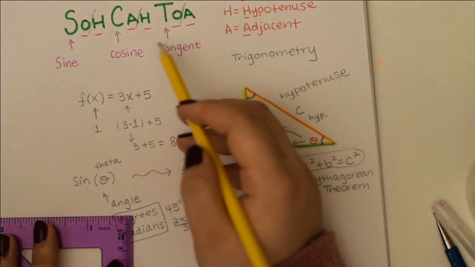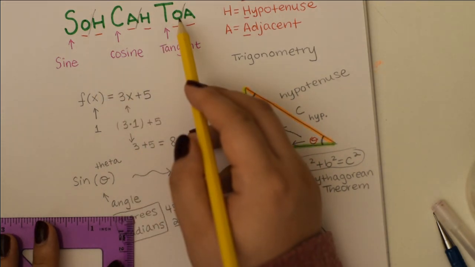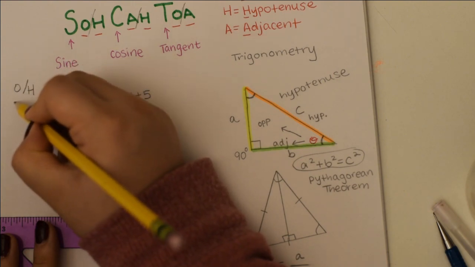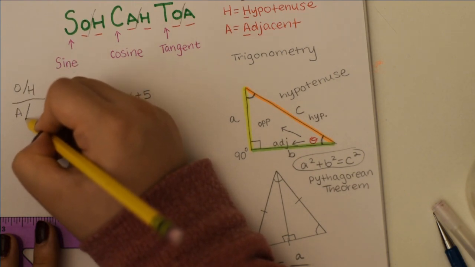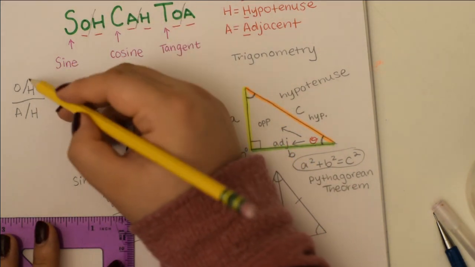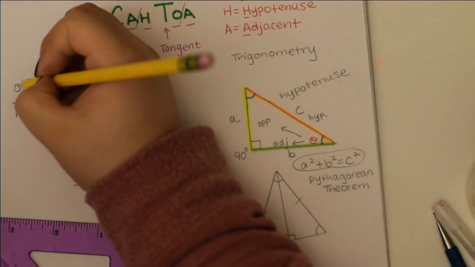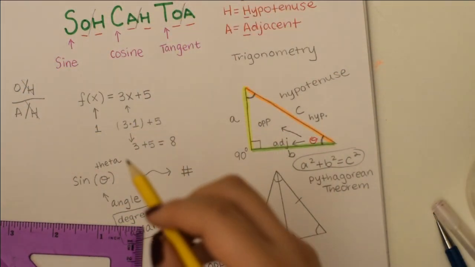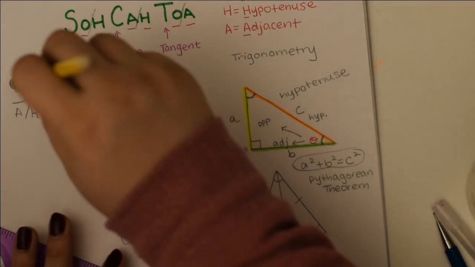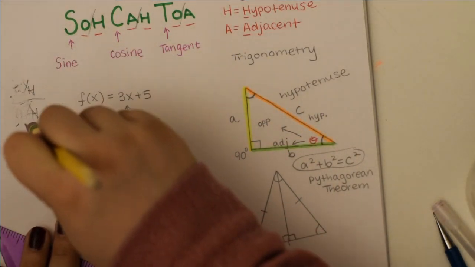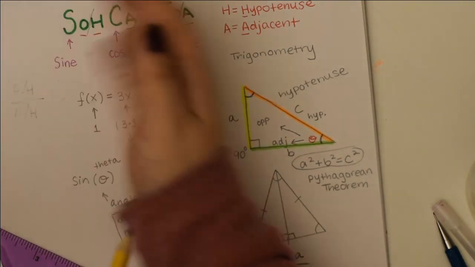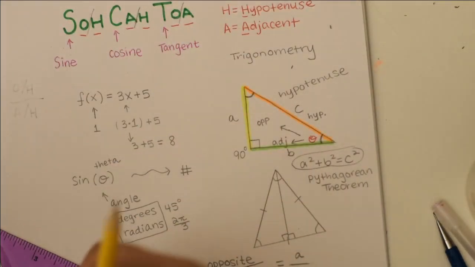So technically, this is redundant, because if we know something is opposite over hypotenuse divided by adjacent over hypotenuse, if we just multiply the top and the bottom by the hypotenuse, we get opposite over adjacent. We don't actually need that, but it's nice and pretty and it's easier to remember, and we don't want to have to do this every single time. So that's why.